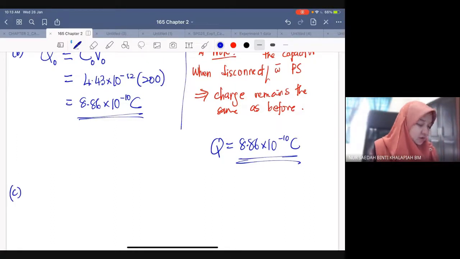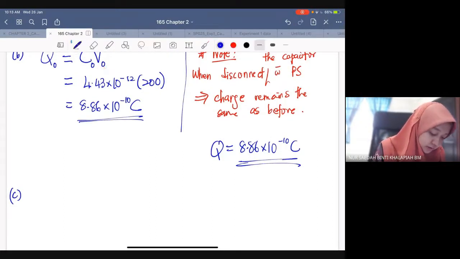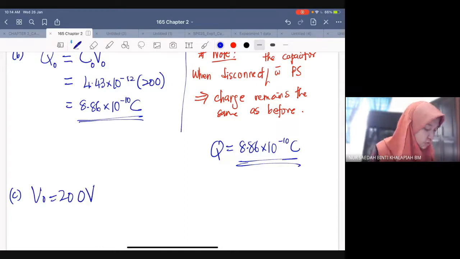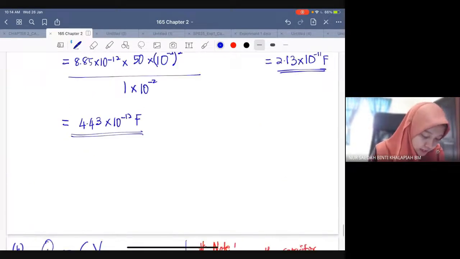Dia minta potential difference, V. V untuk ni dah ada dekat atas. 200 volt, right? So 200 volt before kita insert the dielectric. Betul jawapan dia? Okay, betul. 200 volt sebab kita connect dengan power supply.